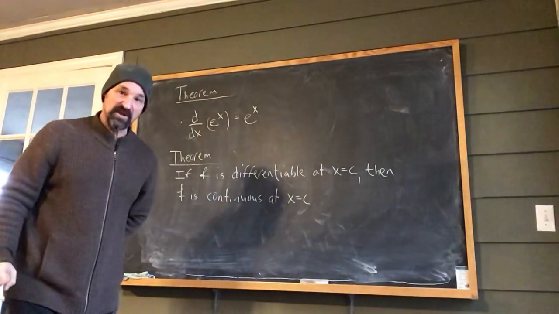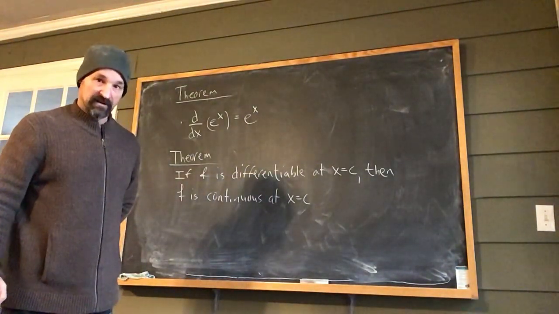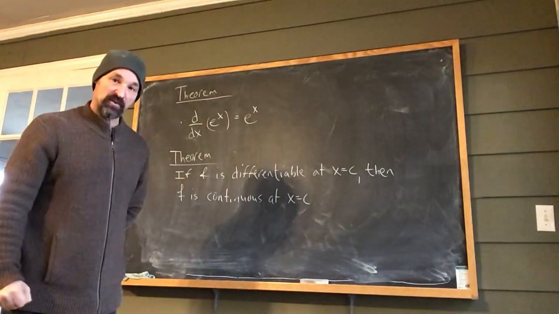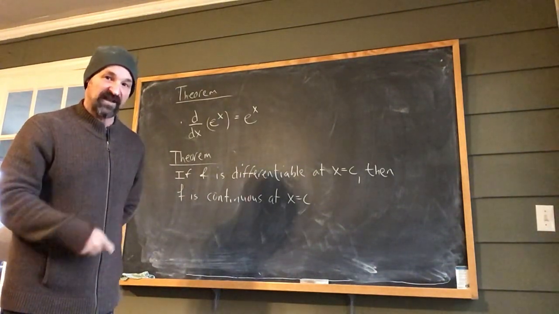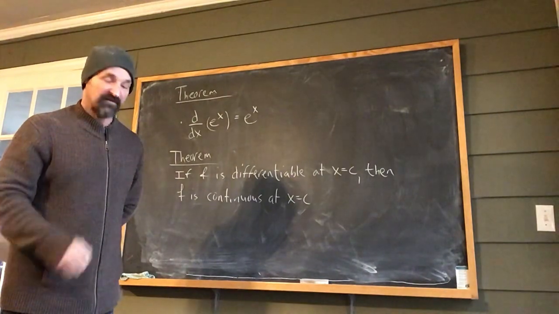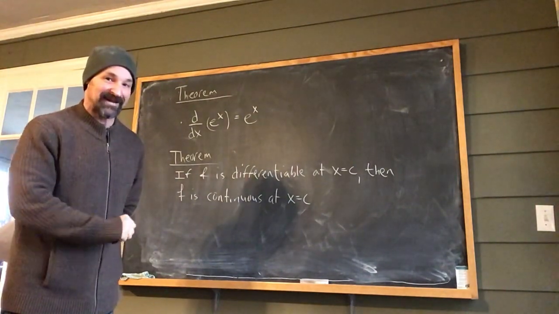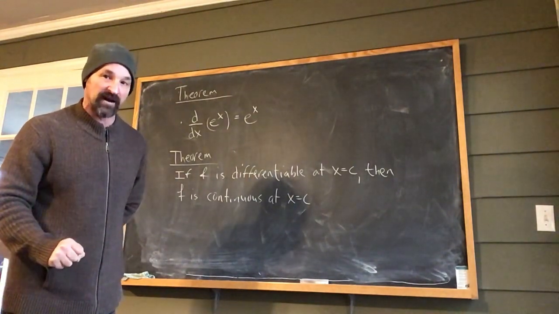So differentiability implies continuity. If a function is differentiable at a point, it's continuous at that point. But the converse of that statement is not true. If a function is continuous at a point, it does not have to be differentiable there.